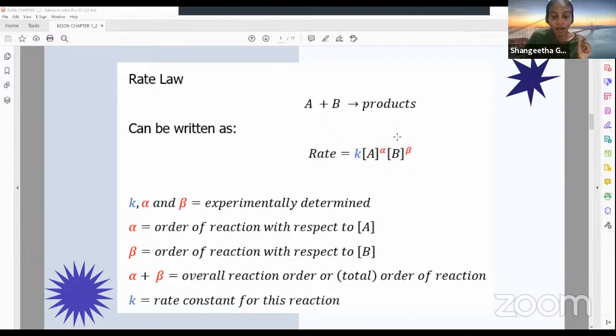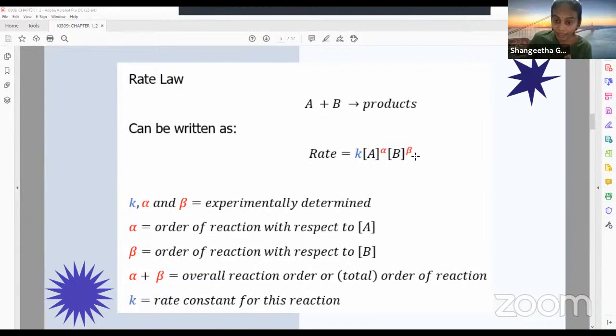This is how you will write out your rate law or rate equation expression. If you are asked to write the rate equation for a chemical reaction, this is the general way of writing. Then you have to use the information given in the question to determine your k, your alpha, as well as your beta.